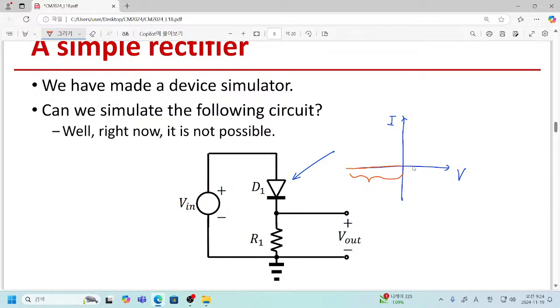And if we apply positive bias, usually called forward bias, then it can conduct current quite exponentially.